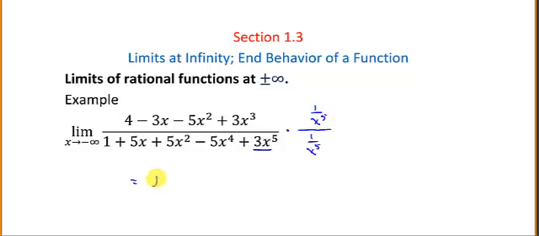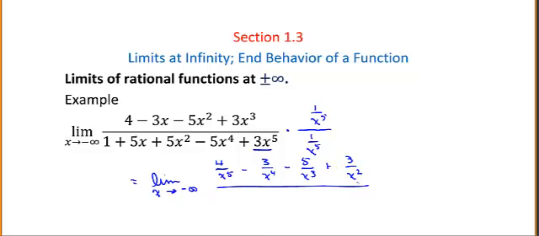And this will become the limit as x approaches negative infinity of 4 over x to the 5th minus 3 over x to the 4th minus 5 over x to the 3rd plus 3 over x squared, and in the denominator we'll have 1 over x to the fifth plus 5 over x to the fourth plus 5 over x to the third minus 5 over x plus 3.